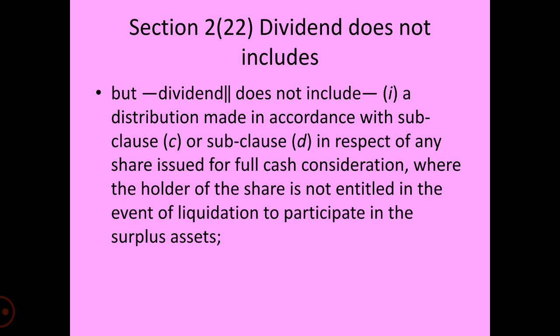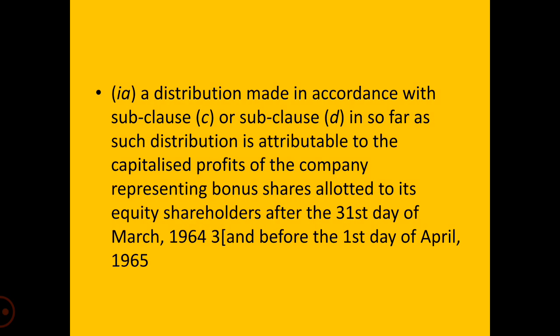Dividend does not include: a. The distributions made in accordance with subclause C or subclause D in respect of any share issued for full cash consideration, where the holder of the shares is not entitled, in the event of liquidation, to participate in the surplus assets. 1a.